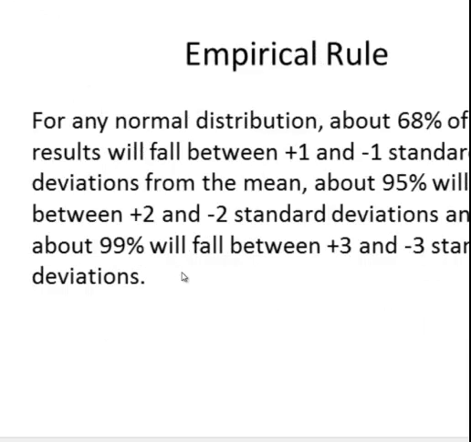Well, the empirical rule says for any normal distribution, about 68% of the results will fall within one standard deviation from the mean, about 95% will fall within two standard deviations, and 99% will fall within three standard deviations.